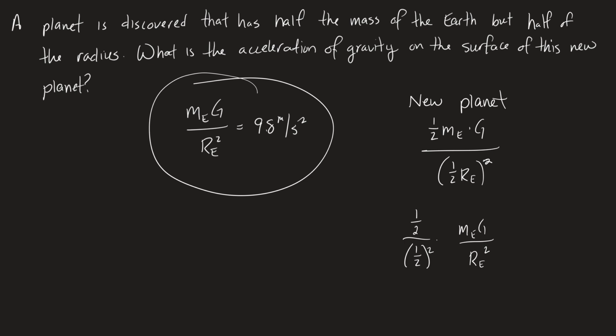And then we just work that left side out, which I find to be 2, right? 1/2 divided by 1/4 is 2. So 2 times 9.8, which is 19.6. You did know that 1/2 divided by 1/4 is 2, right? It's okay. How'd you do it?